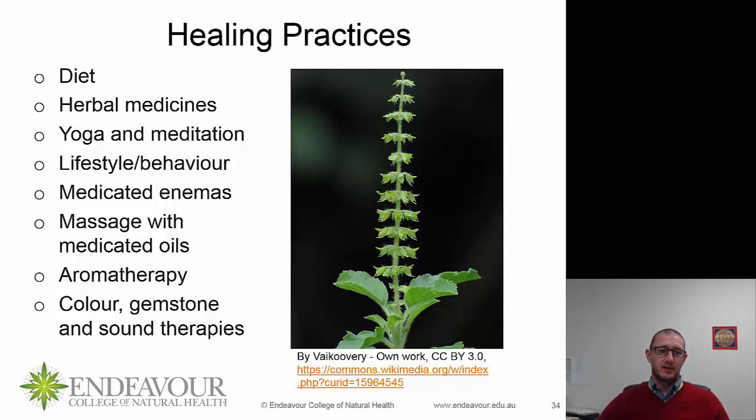So herbal medicine, there's a combination of mineral, animal and plant ingredients utilised within herbal medicine practices in Ayurveda. Medicine that is prescribed is chosen not only to address the disease but also to address the dosha imbalance that we've been talking about already.